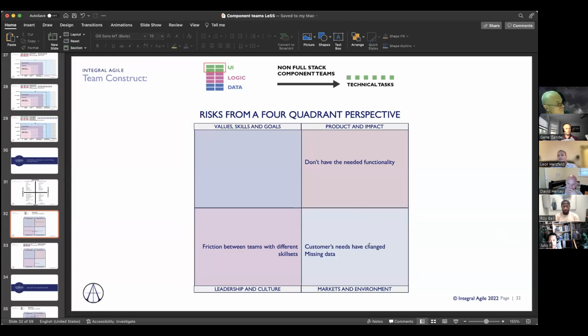Right, so I put "customers' needs have changed" over here on the lower right, because the customer's needs exist in an environment, in a market. The integration is more complicated, and there might be some rework needed to successfully complete the integration.